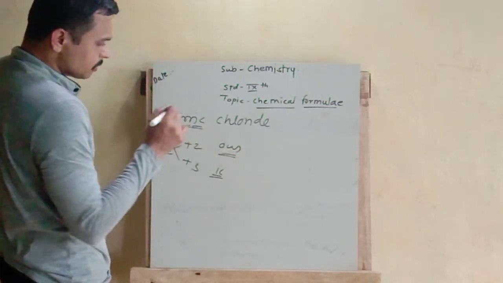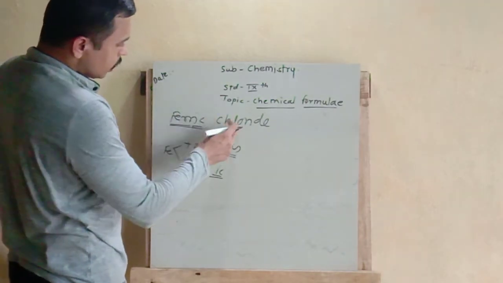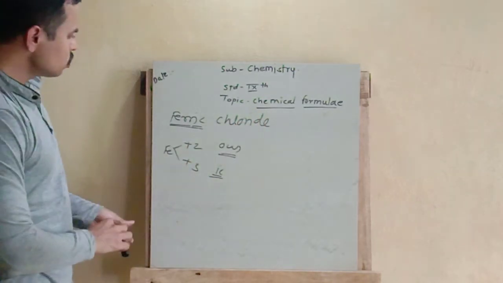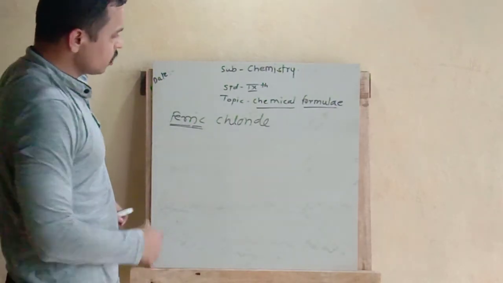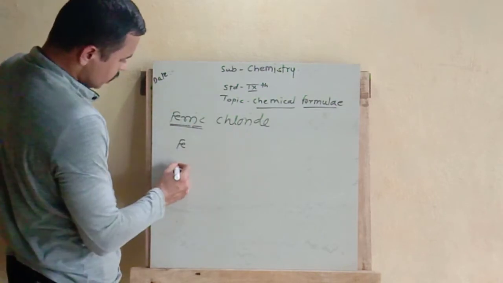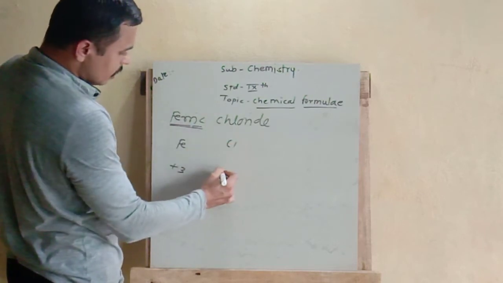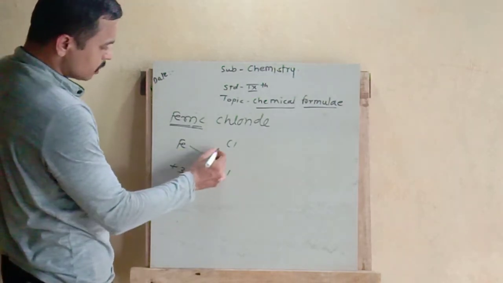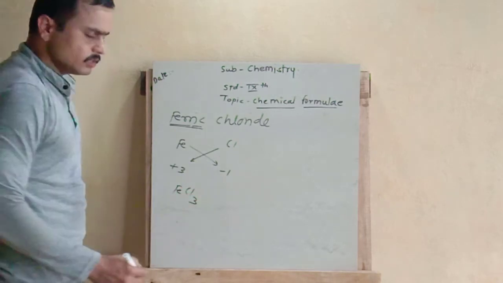These are the suffixes I am showing you on the board. Now it is ferric and chloride. Chloride stands for Cl. Fe stands for ferric, and it has +3 charge because the IC suffix is given. Chloride is Cl with -1 charge. Now the numbers are not equal, which means we have to cross multiply. Once you cross multiply, you will get FeCl3.